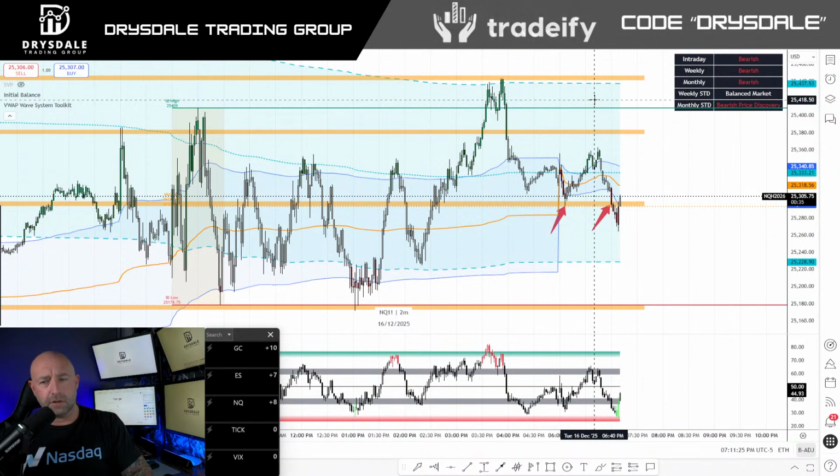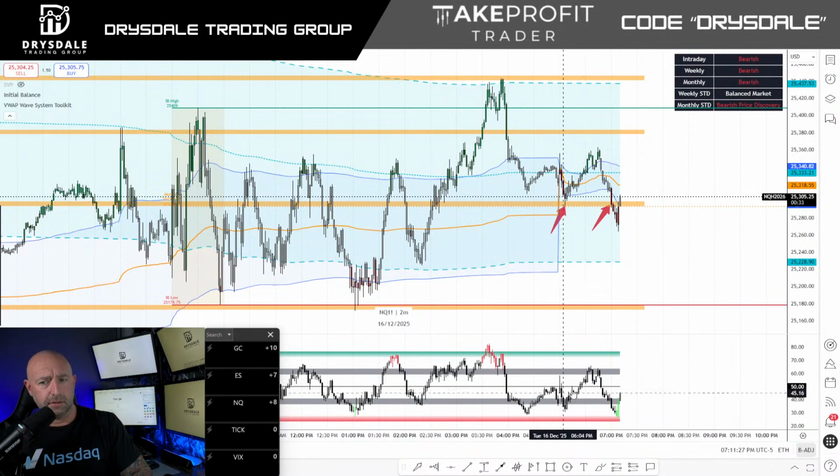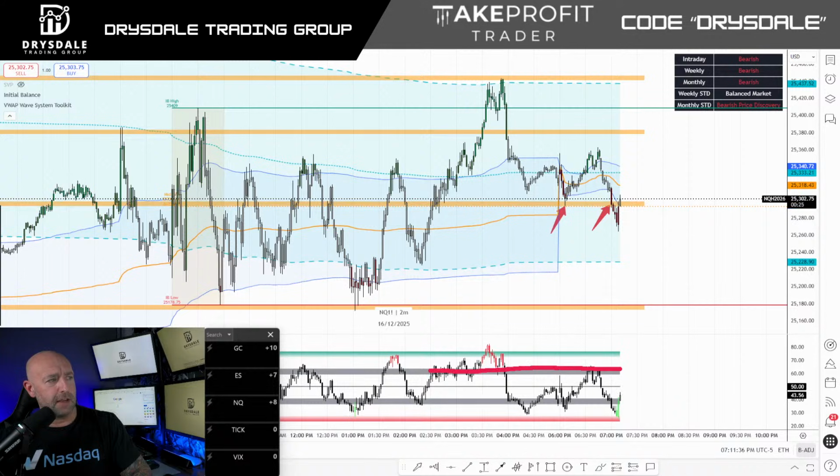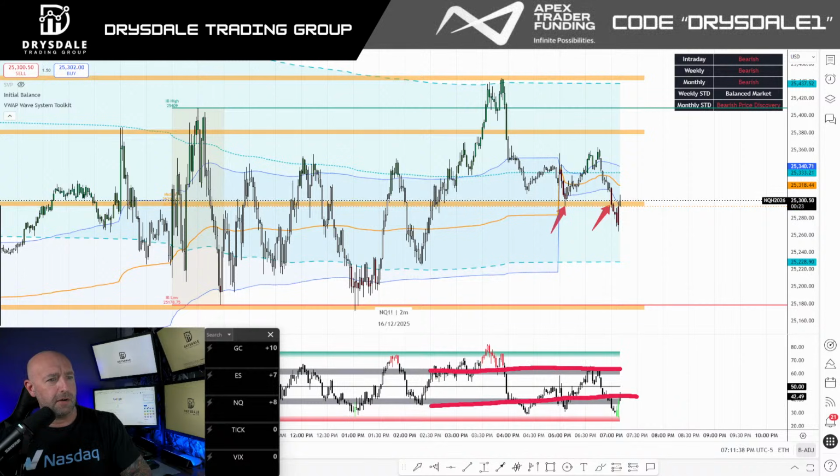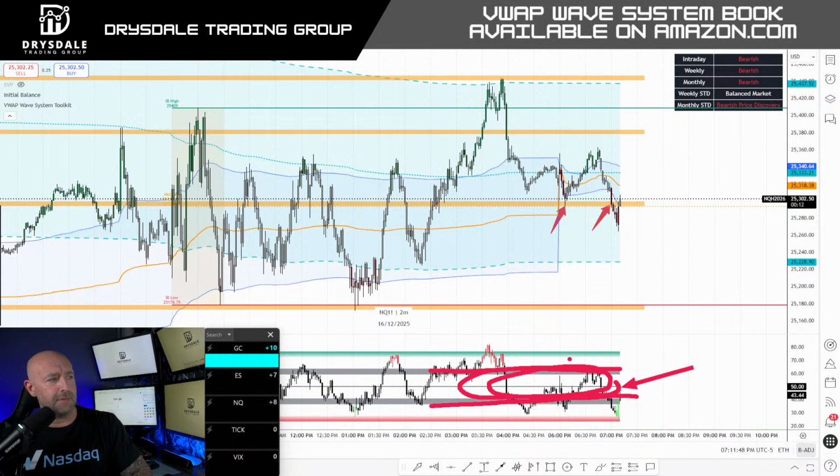So to go over, I got some questions. So we treat this as the VWAP wave style, right? This is value area high, this is value area low, this is point of control. So all the same principles apply. This is the balance area. We're trading in balance, we fade the extremes.